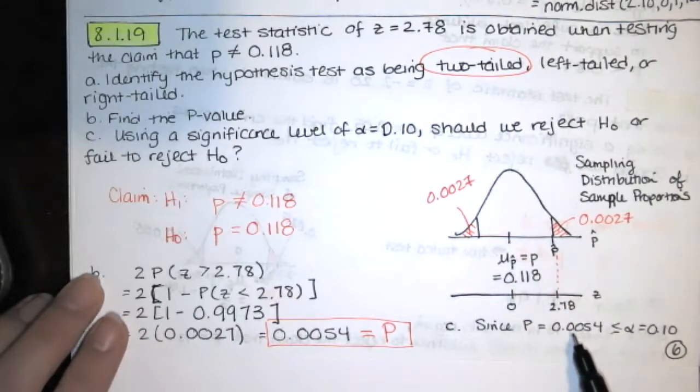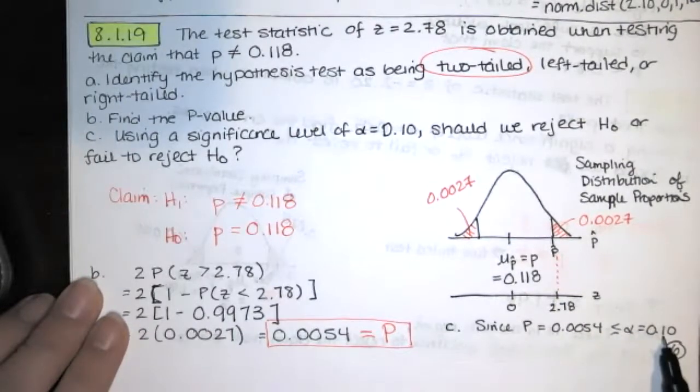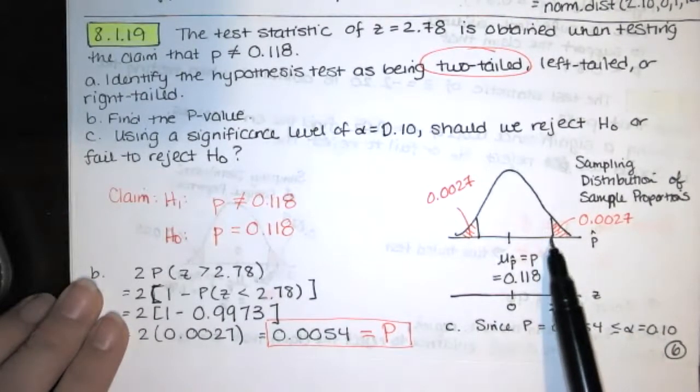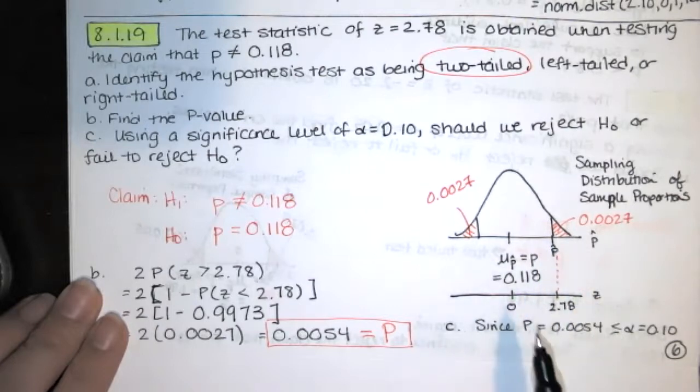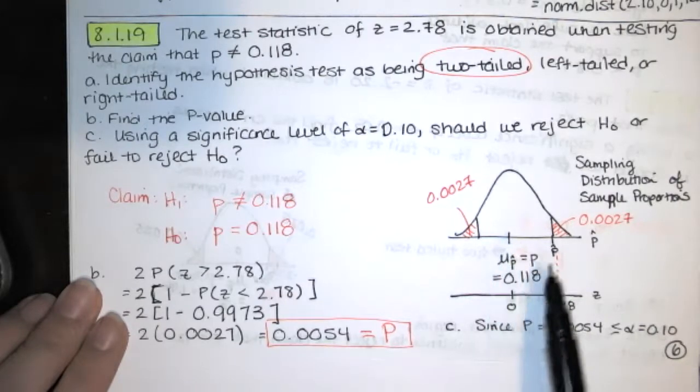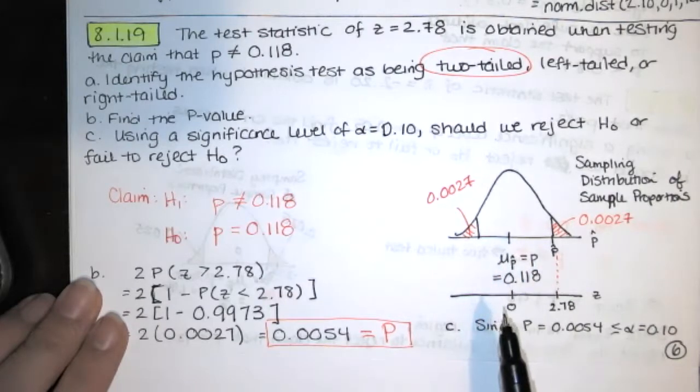That probability is exactly 0.0054, or if you prefer, 0.5%. And we're comparing that to 10%. So the chance of getting a sample proportion that high is very small, given that our true population proportion is 0.118.